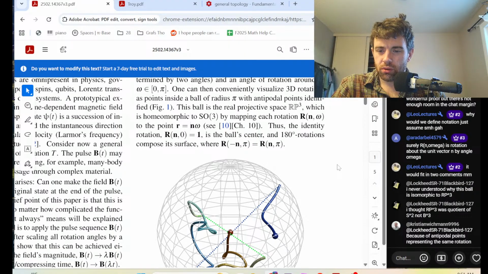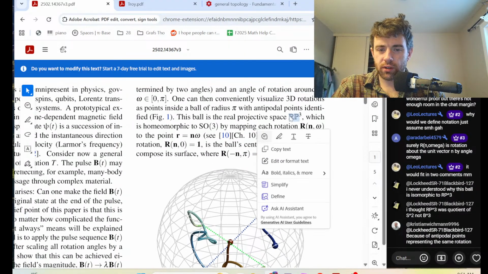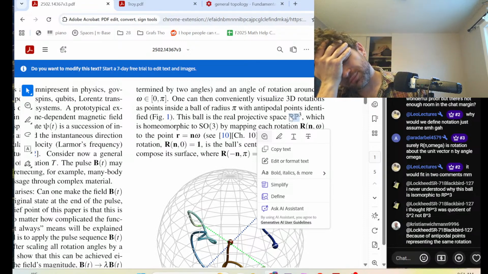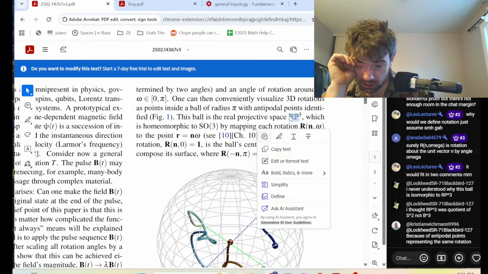No. RP3 is projective 3-space. RP2 would be the quotient of S2. Right? Yeah, wait a second. RP2 is a quotient of S2.